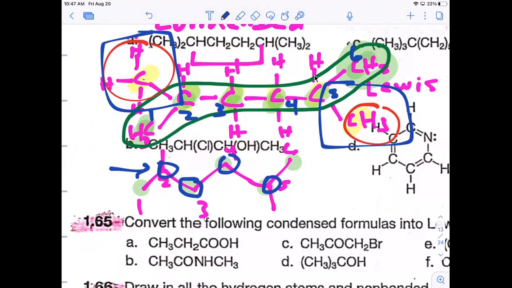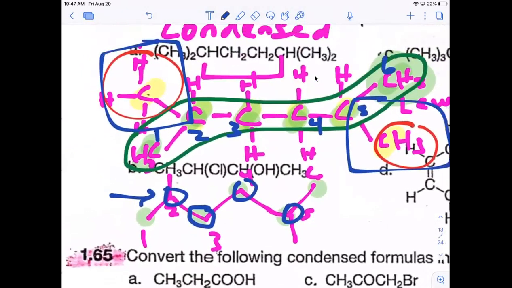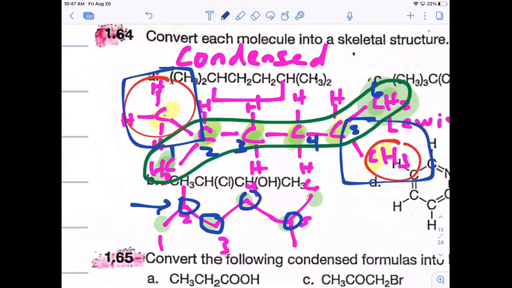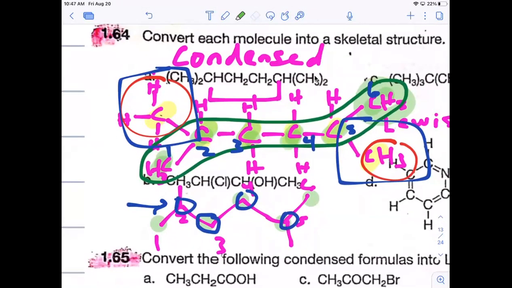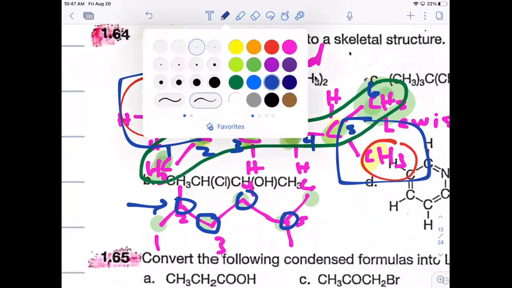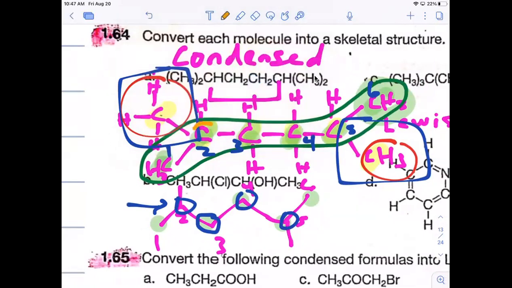The same thing on the other end. Right here, you see how it's CH. So down here, it's going to be the same thing. That carbon is going to have 1 hydrogen.